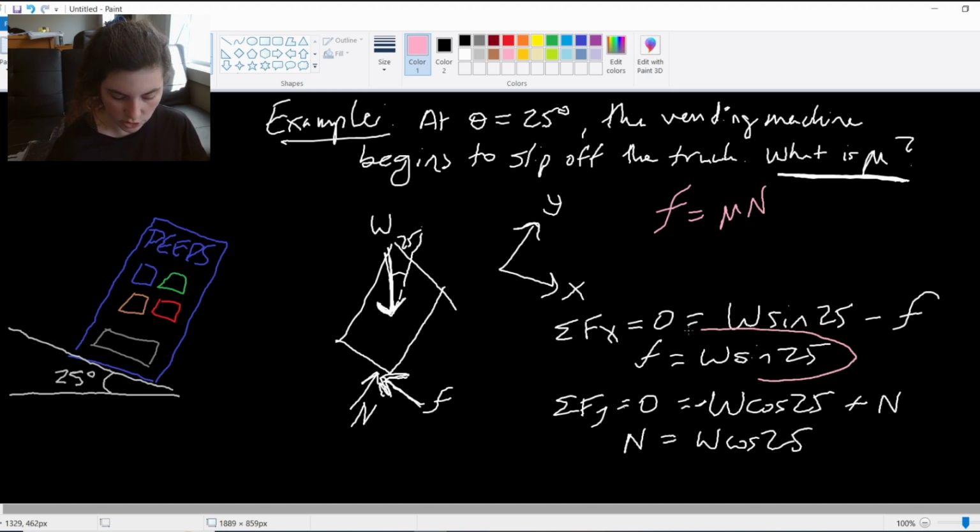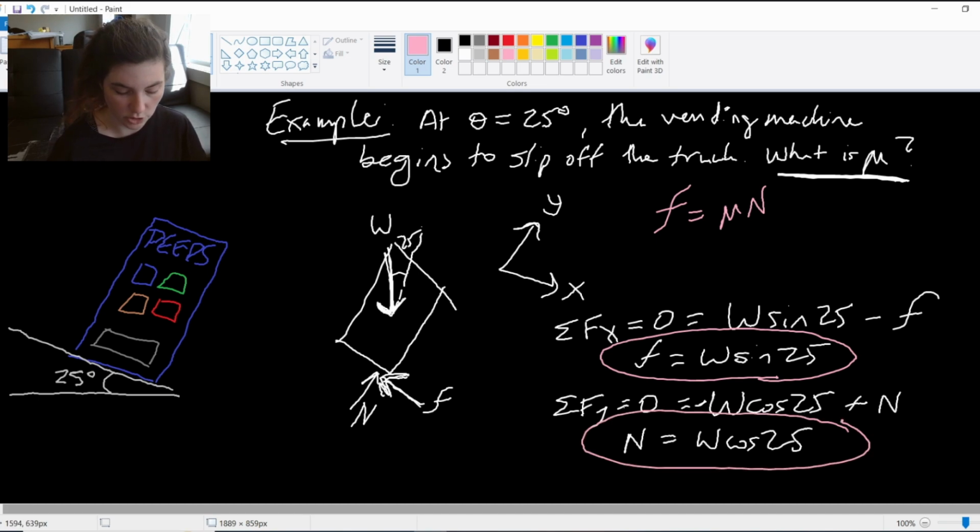So I have a relationship for the frictional force, I have a relationship for the normal force, and I can go ahead and plug those into my equation. Right, so my W sine 25 equals mu times W cosine 25.